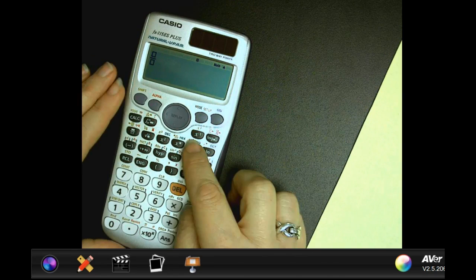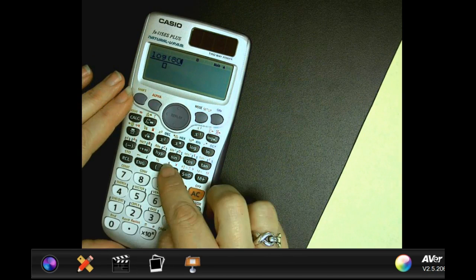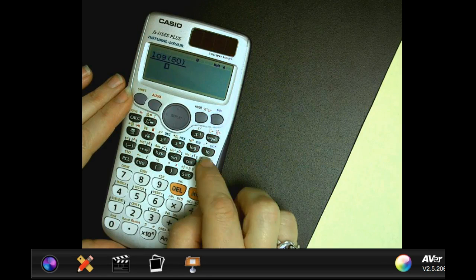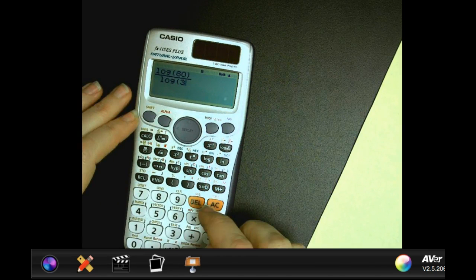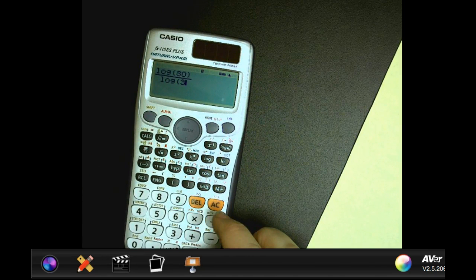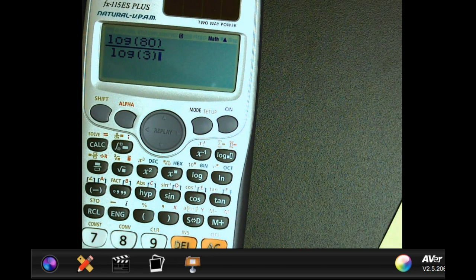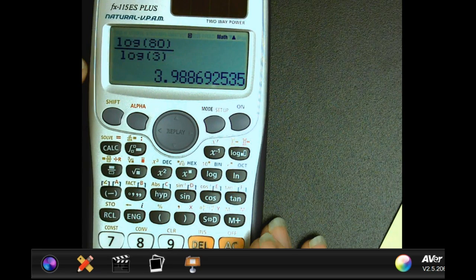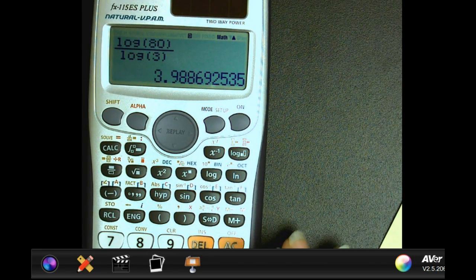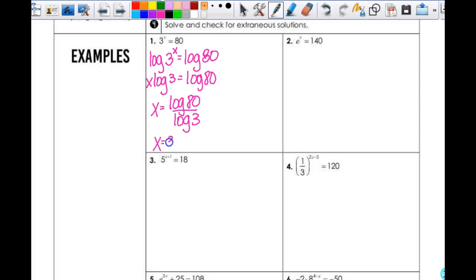The log of 80, close my parentheses, divided by the log of 3, close my parentheses. It was 80 and 3, right? So when I get that, this is the answer I should get. And we're down to how many decimal places? 3. So I get that x equals 3.989.